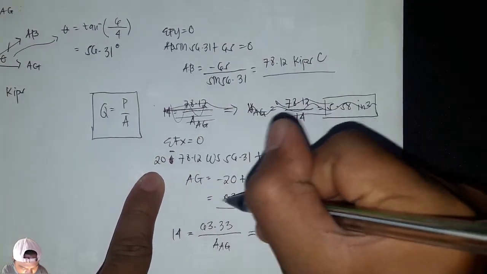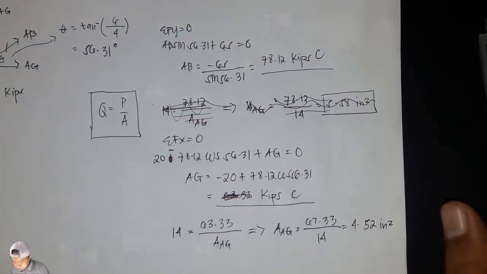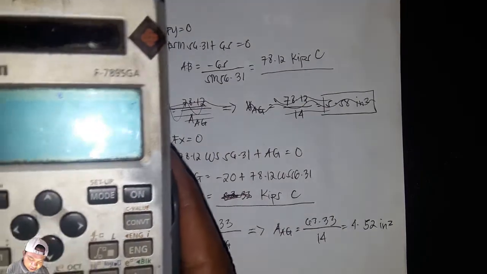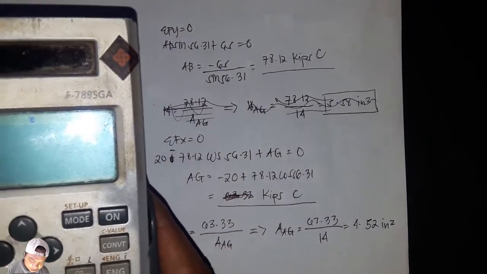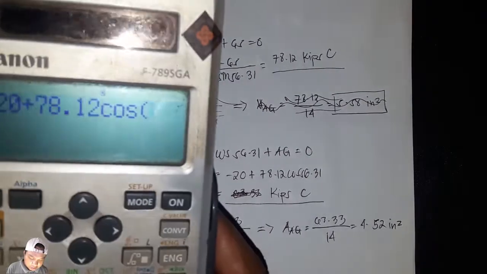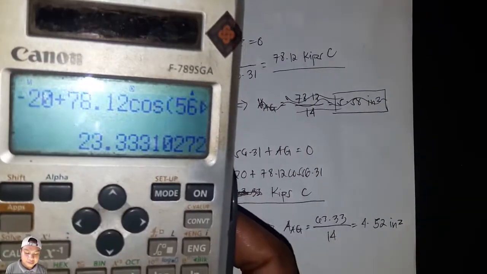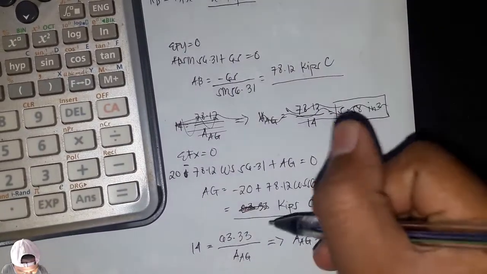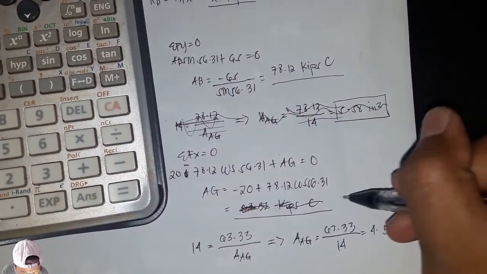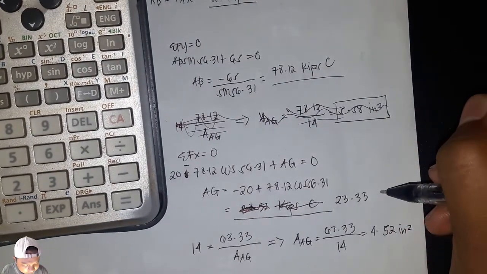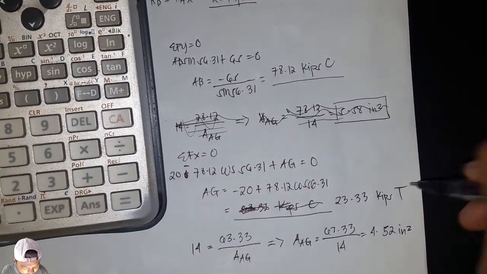So, mali tong force natin dun sa AG. So, yung force dapat dyan is 78.12 cosine of 56.31, 23.33. So, sulat natin dito 23.33 and tension siya.